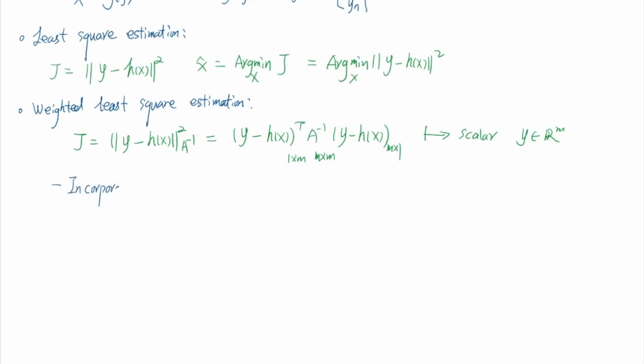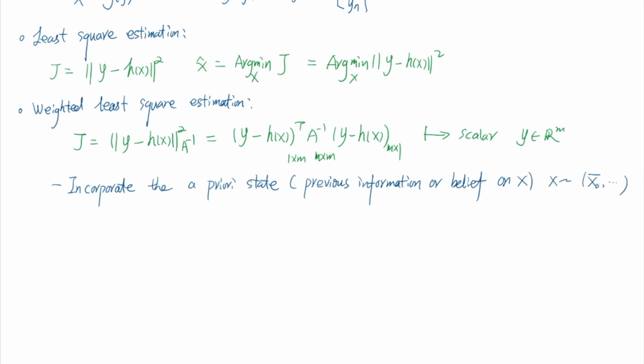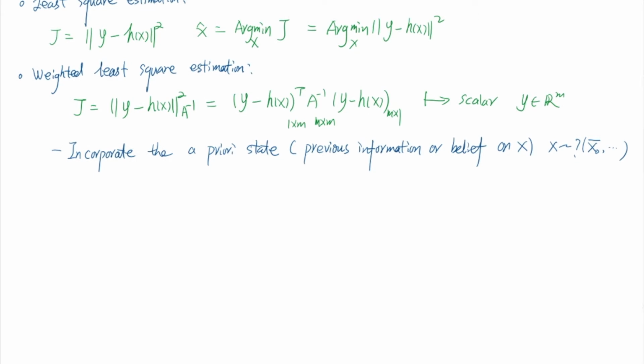Furthermore, we can incorporate the a priori states based on the previous information or knowledge on the value of x. Here we assume that x follows a normal distribution with mean x naught, and therefore the expression for the J function becomes this form.